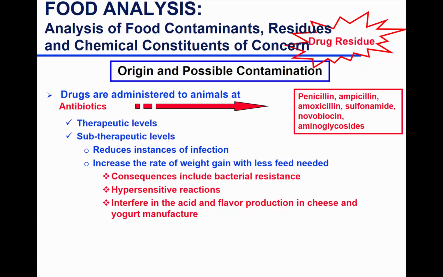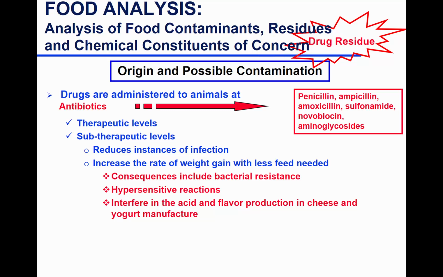Drug residues are given to the animal in 2 cases: either therapeutic levels to treat an infection, or subtherapeutic levels to prevent an infection and to increase weight gain with less feed, kind of cheating the animal. But in this case, there's a potential problem if the antibiotics remain in the milk: hypersensitivity in people.